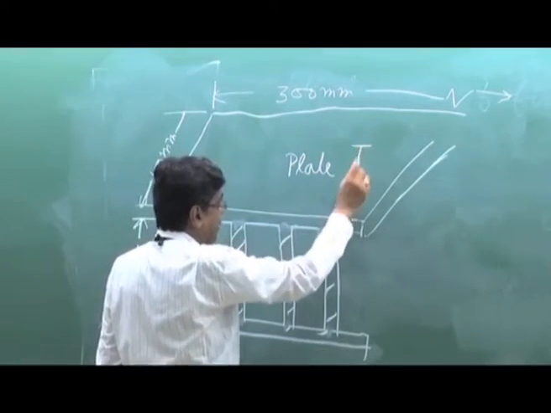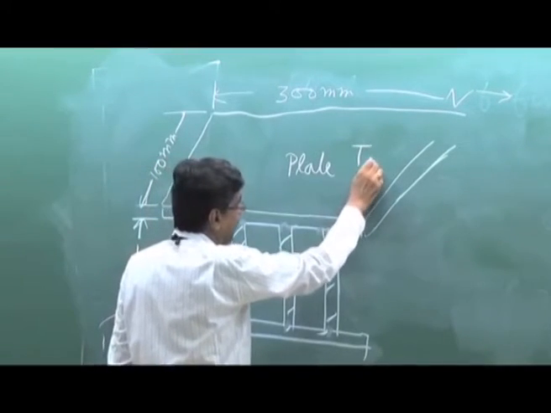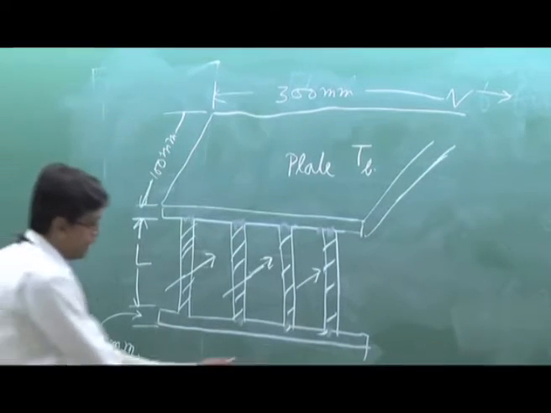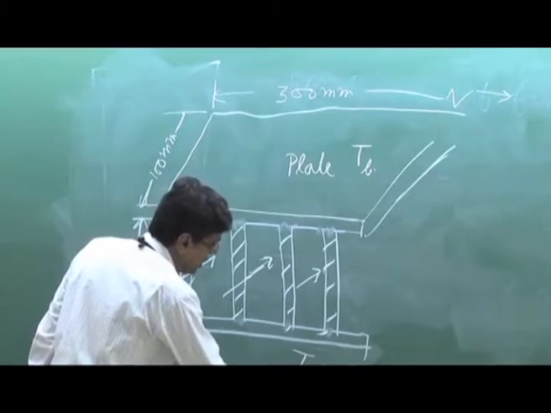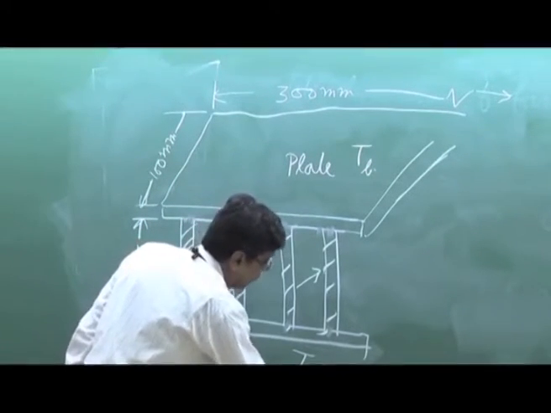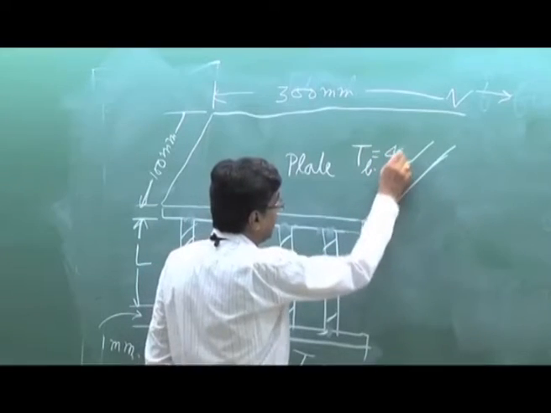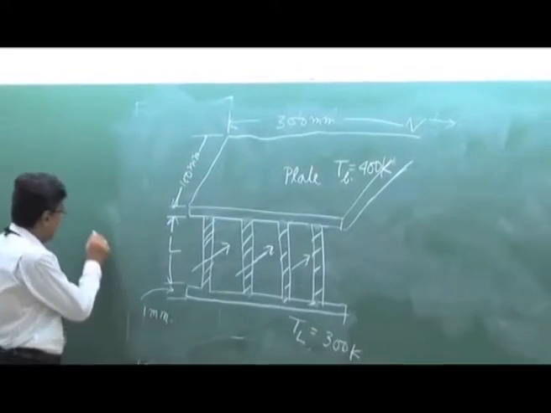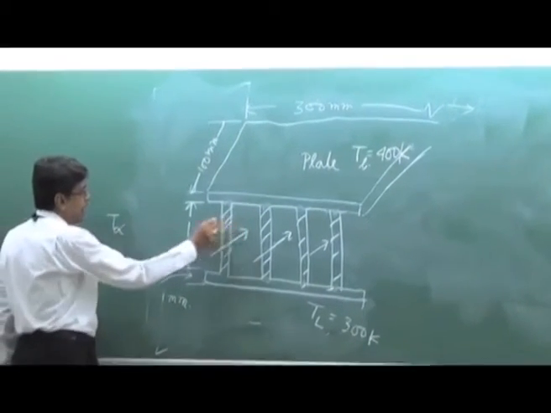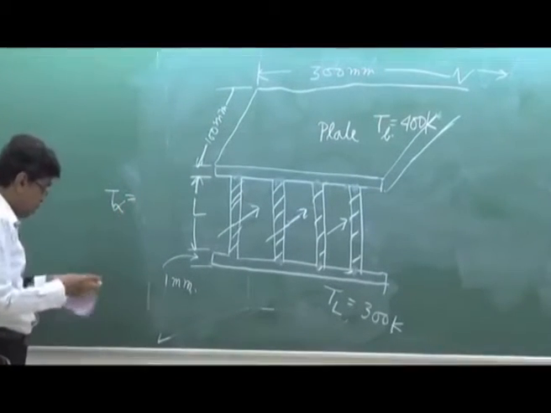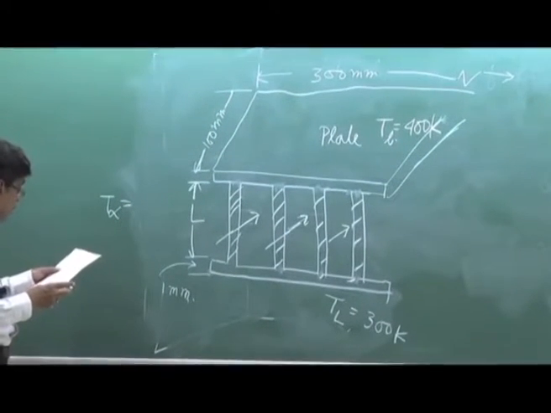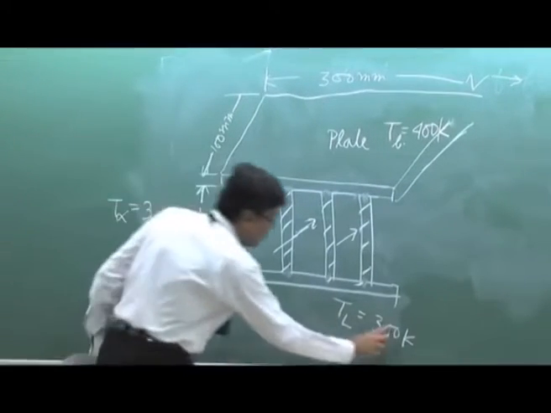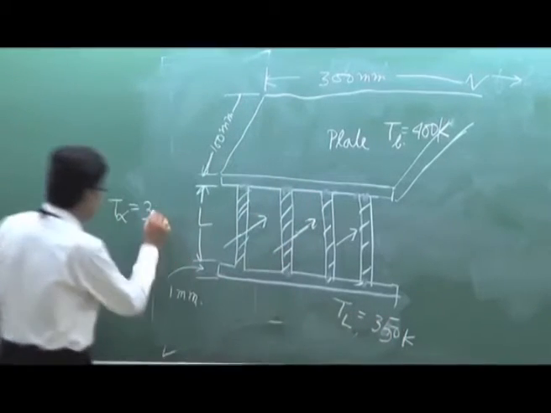Plate temperature, let us write it as TB, base temperature. This is the temperature TL. TL is 350 K, sorry, and TB is 400 K, and T infinity, that is the surrounding fluid, is 300 K.